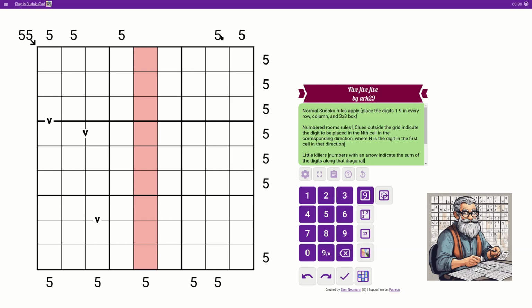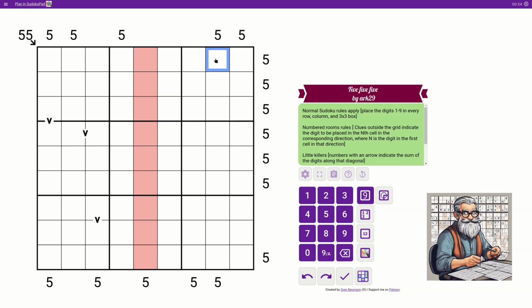Right. So the direction is always towards the grid, right? So if they're all fives, they're all indexing where 5 is in the grid. So let's say this 5, that's the direction, and the first digit in the grid in this direction would tell us in which cell we can find 5.